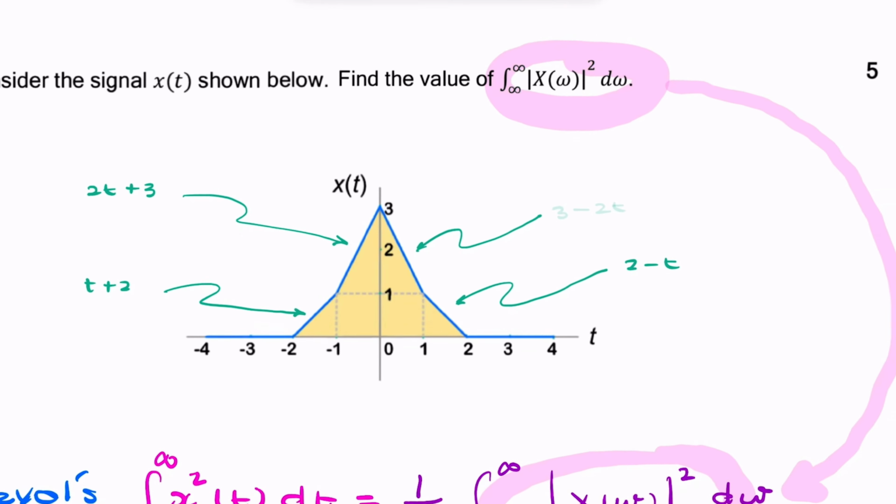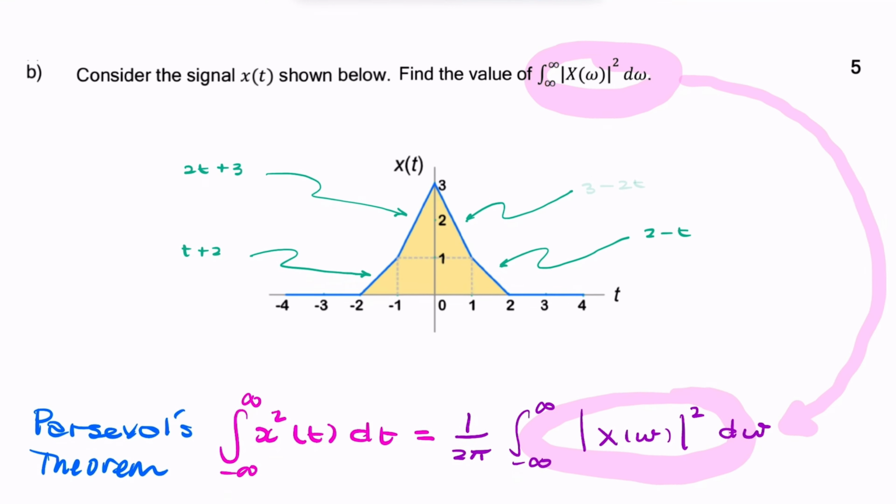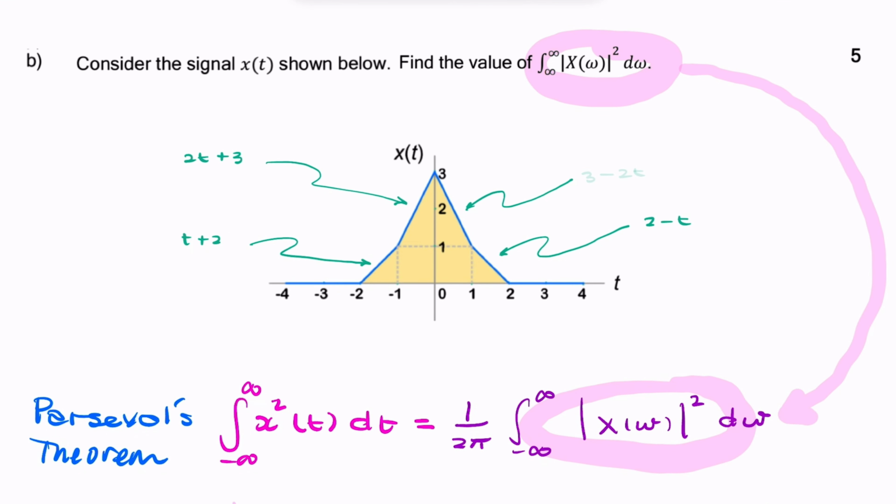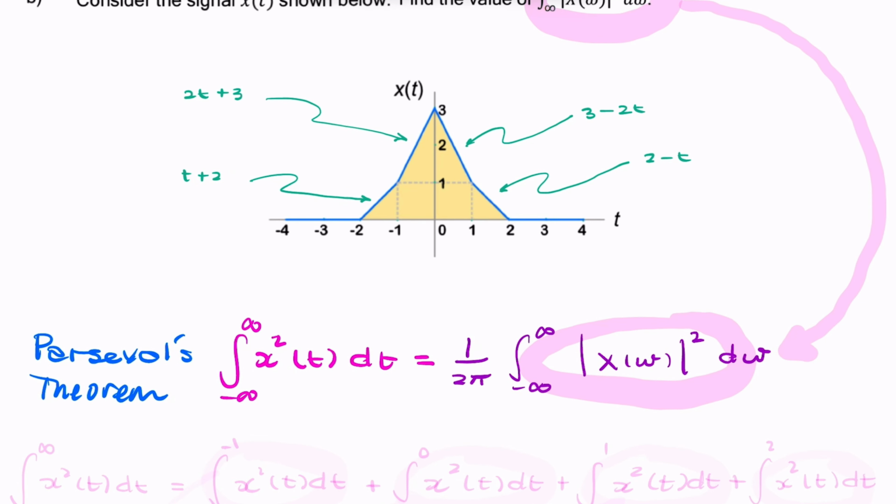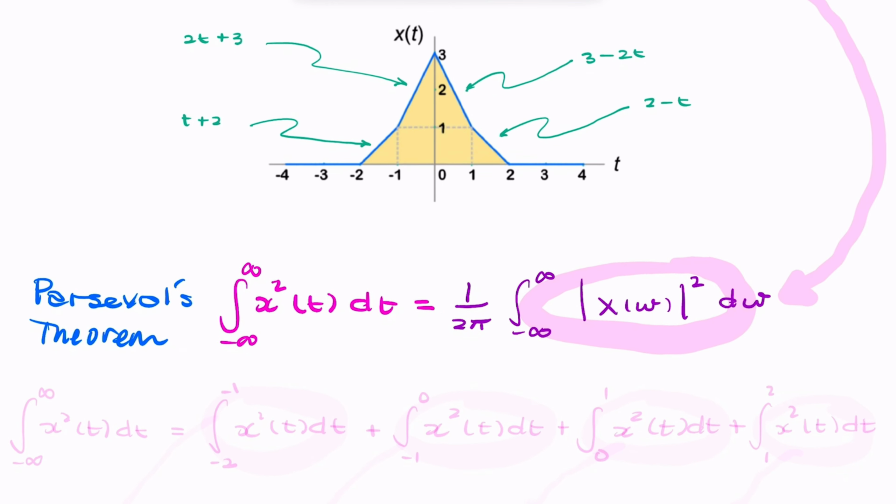And on the other side, it would have a gradient of -2 and a y-intercept of 3, so 3 minus 2t. Now we can put these together and find the integration of x squared.